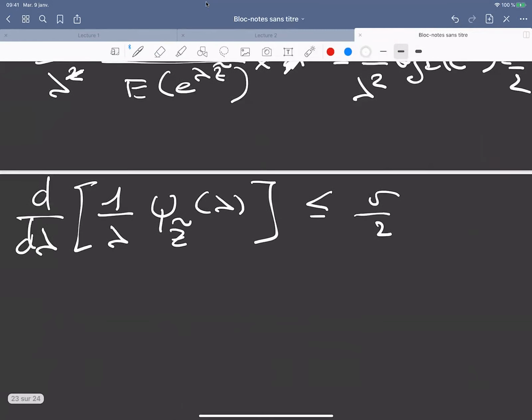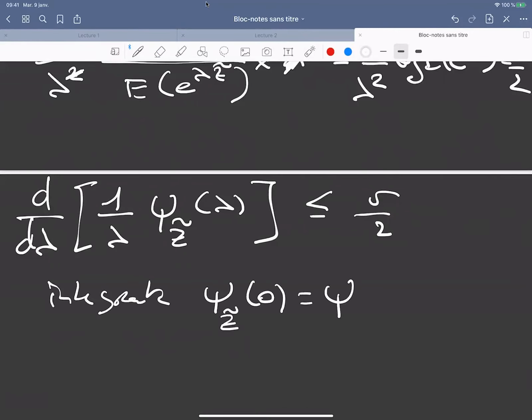So you just have to integrate this now, taking into account the fact that at 0, this function, as well as its derivative, is equal to 0. Here it's obvious, and here it's true because the variable Z tilde is centered at expectation.